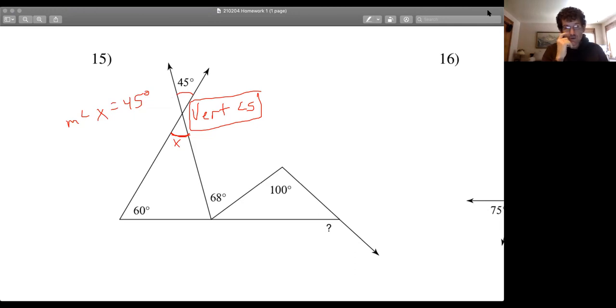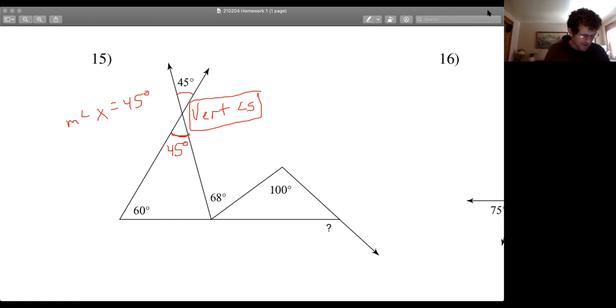Opposite angles are congruent. So I've got a starting point. So I'll just go ahead and replace this X right here with 45 degrees. So that's step one. And notice how I'm actually showing the angle relationship that I'm using.